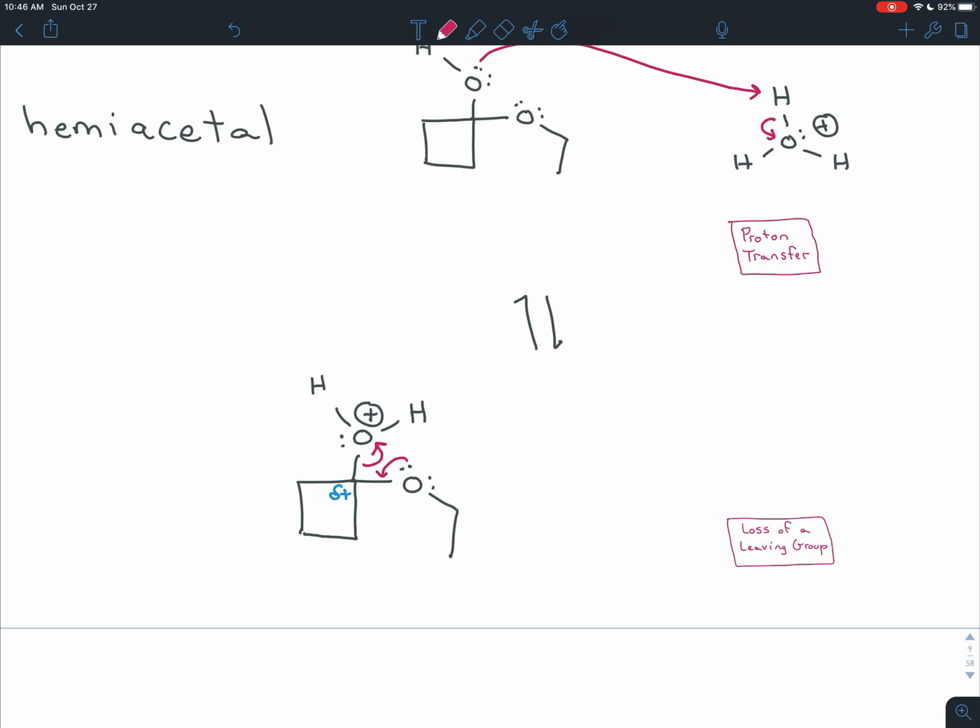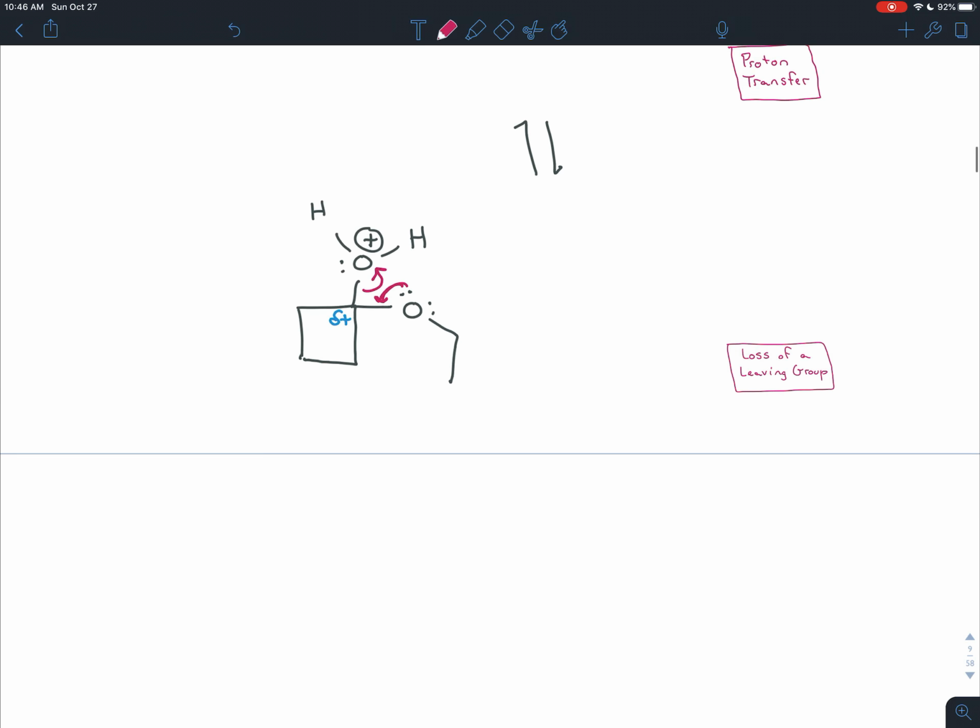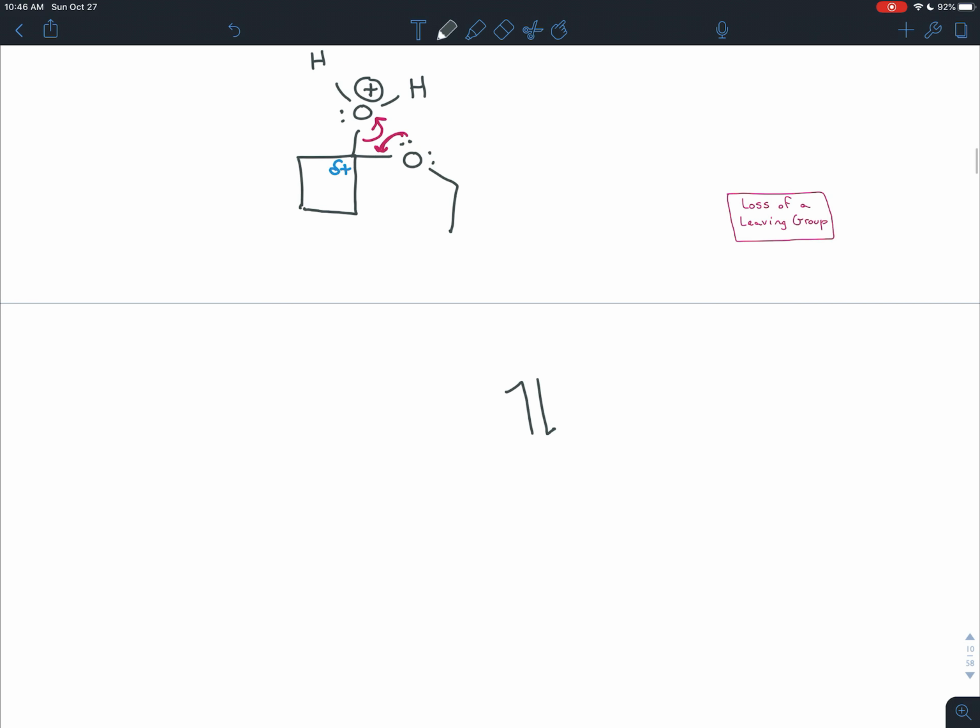They've been attracted to the slight positive charge. But so has this molecule, so it stays on. Well now, when these electrons push to make their new bond, this is such a good leaving group that it gets kicked off the molecule, and you end up forming this molecule here.